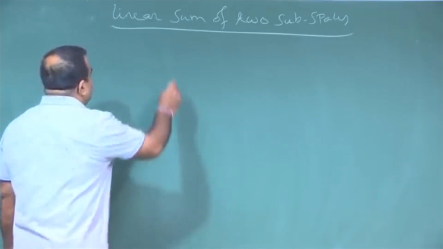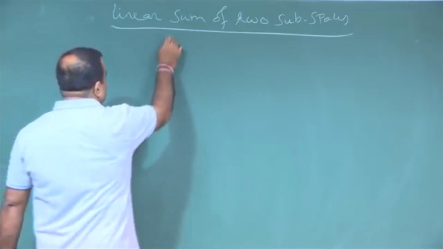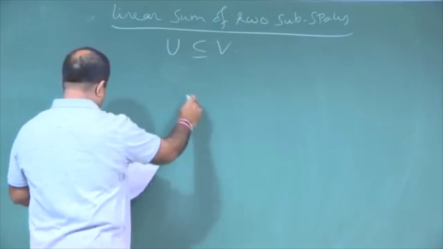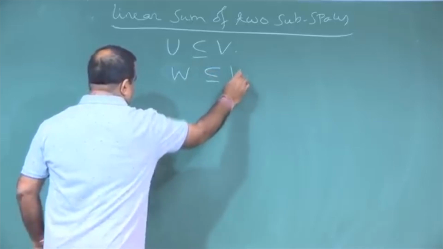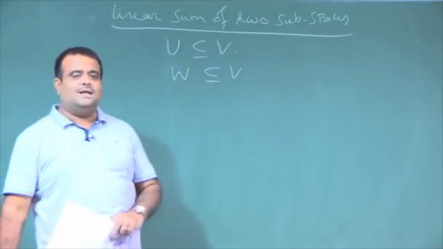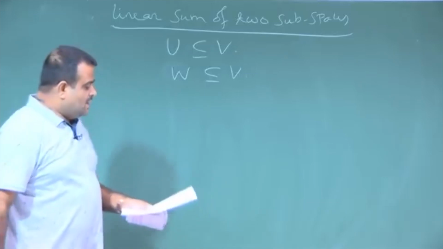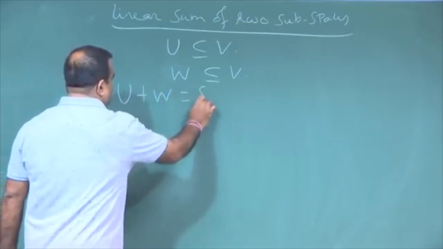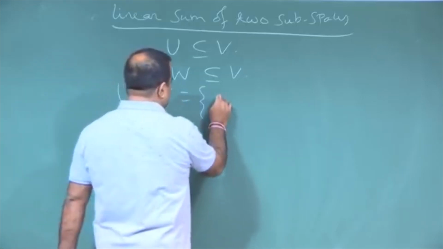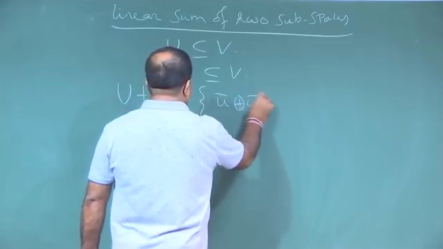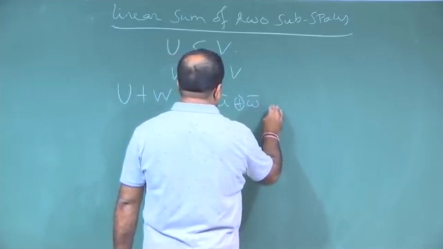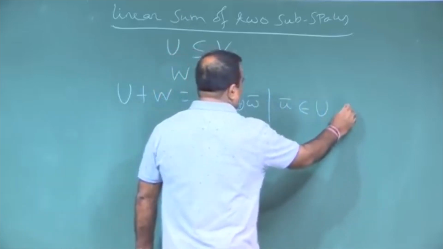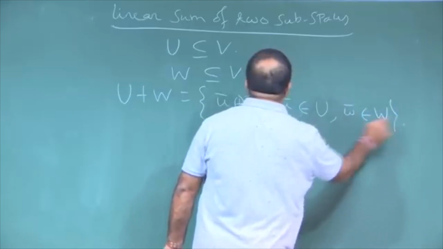If you take a subspace U from a vector space V and another subspace W of the vector space V, these are two non-empty subsets and each forms a subspace. Then we define the sum U plus W as the set of u vector plus w vector, where u is coming from U and w is coming from W. This is just the sum.